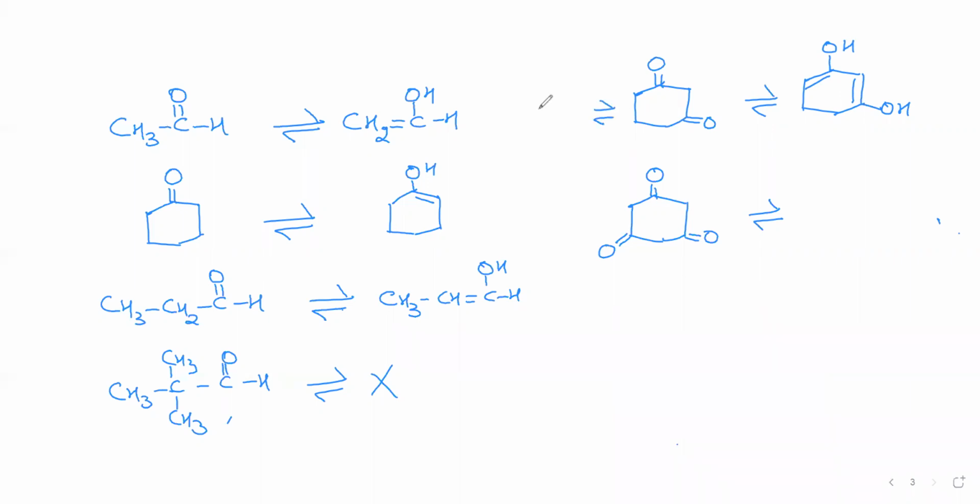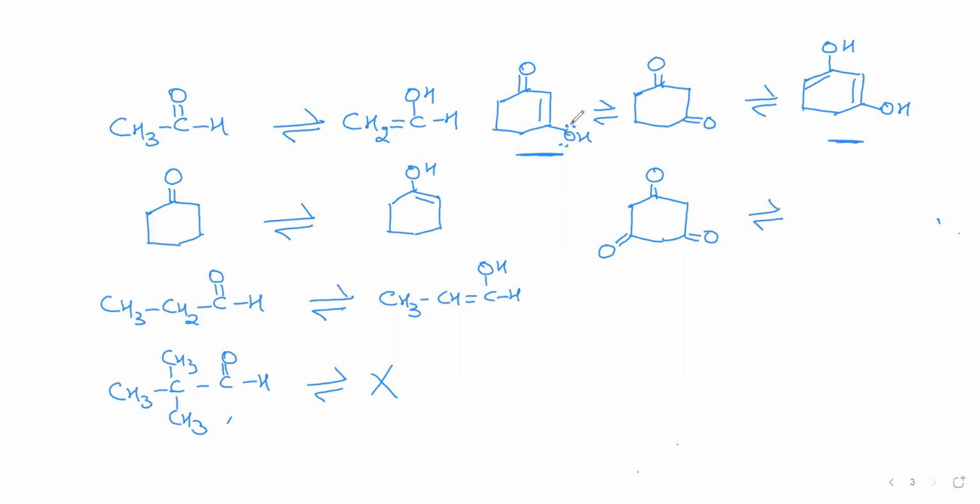You can also show it like this. This form will be more stable than the other. Why would this form be more stable?